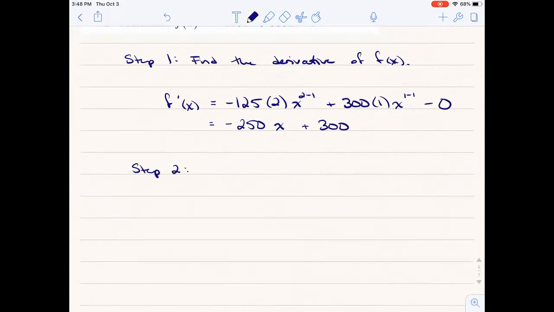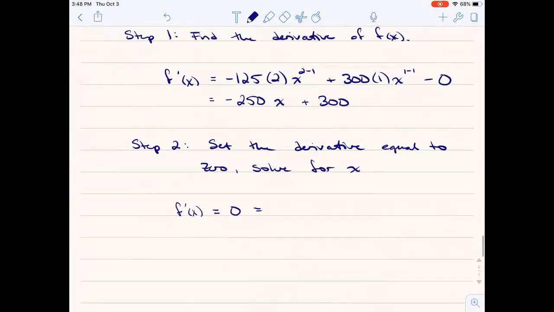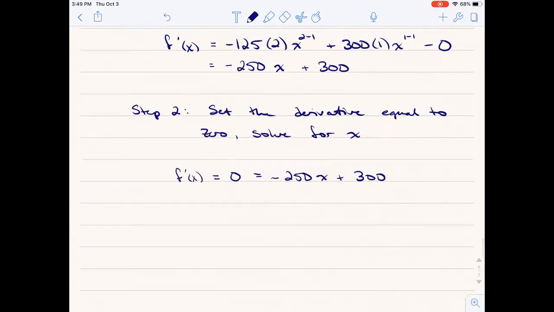Step 2, set the derivative equal to 0, bless you, and then solve for x. We have f prime of x, and we're going to force it to be 0, but f prime of x is also equal to negative 250x plus 300.